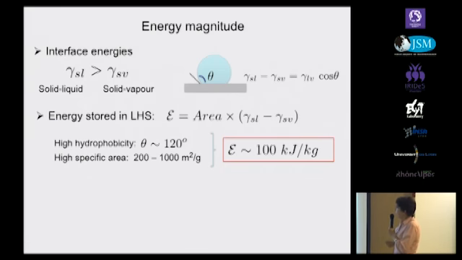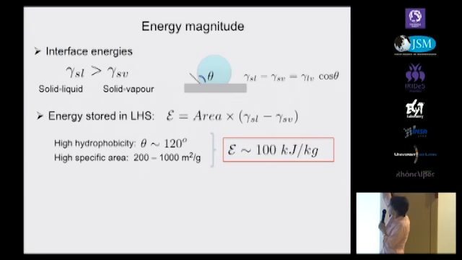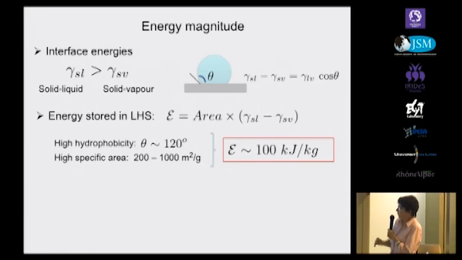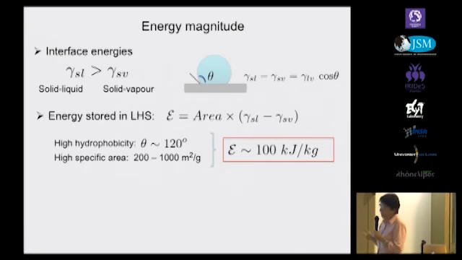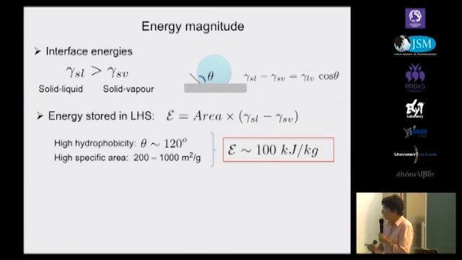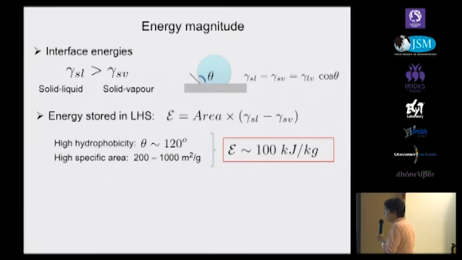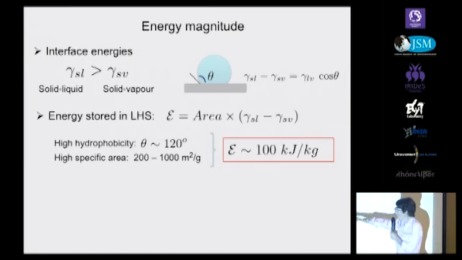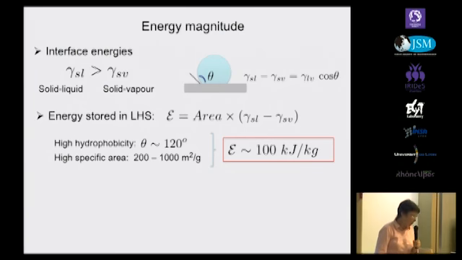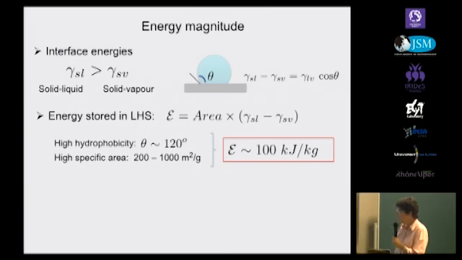The strength of hydrophobicity can also be measured in terms of the contact angle that a drop makes on a flat surface, which is equivalent to the internal pore wall surface. Quite high hydrophobicity corresponds in practice to a contact angle of the order of 120 degrees. It's difficult to obtain a larger hydrophobicity.